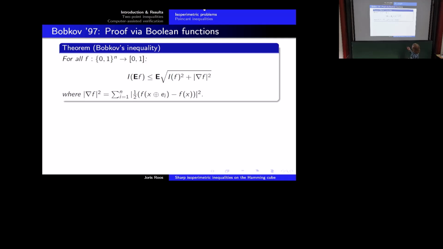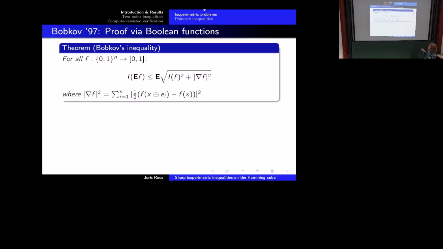It was discovered by Bobkov in the 90s, and it works by this inequality called Bobkov's inequality. So, and this illustrates an important principle that we're going to use later. So let's take a look at this inequality.